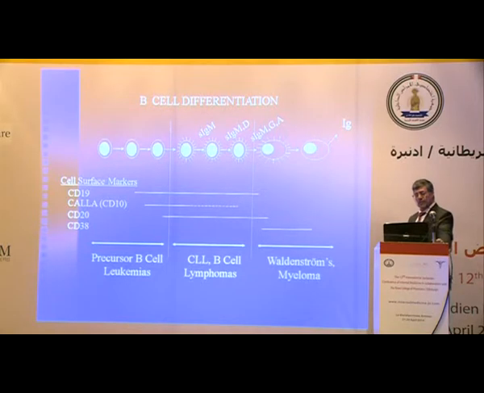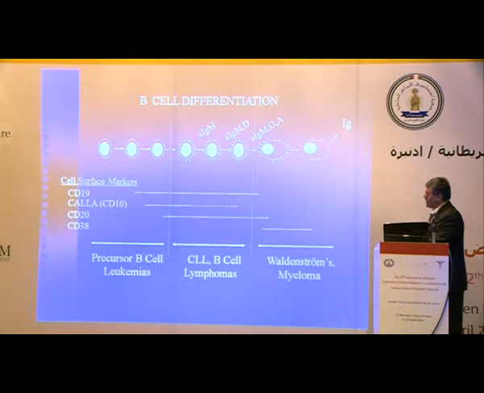And if you look at this cartoon, the first cell is the lymphoblast, and as those mature, surface markers appear. The most important one is CD19, and CALLA positive cells will arrest at this stage. And we have CD20, a very important cell surface marker, present most of the time in differentiating cells, but in some cases, even with ALL, CD20 can be present, and there are treatment medications targeting it.